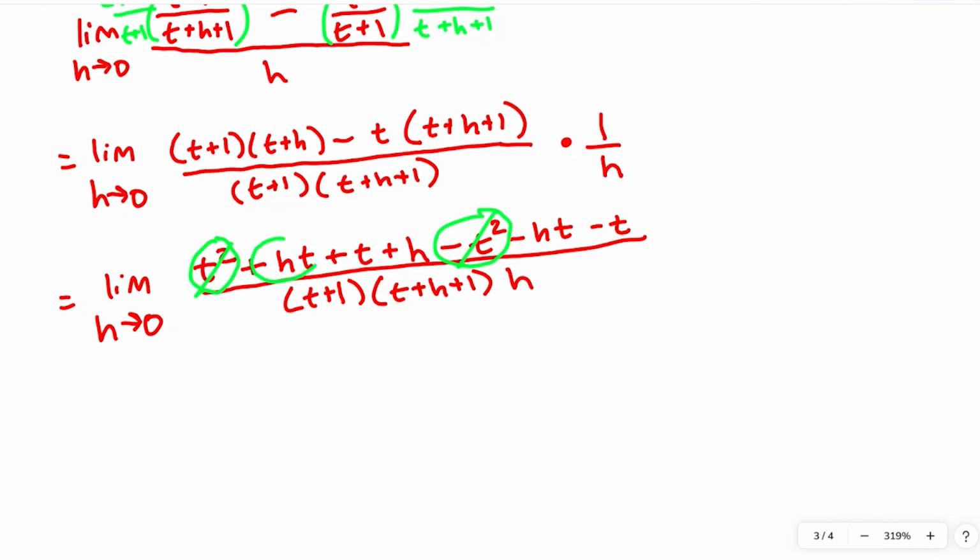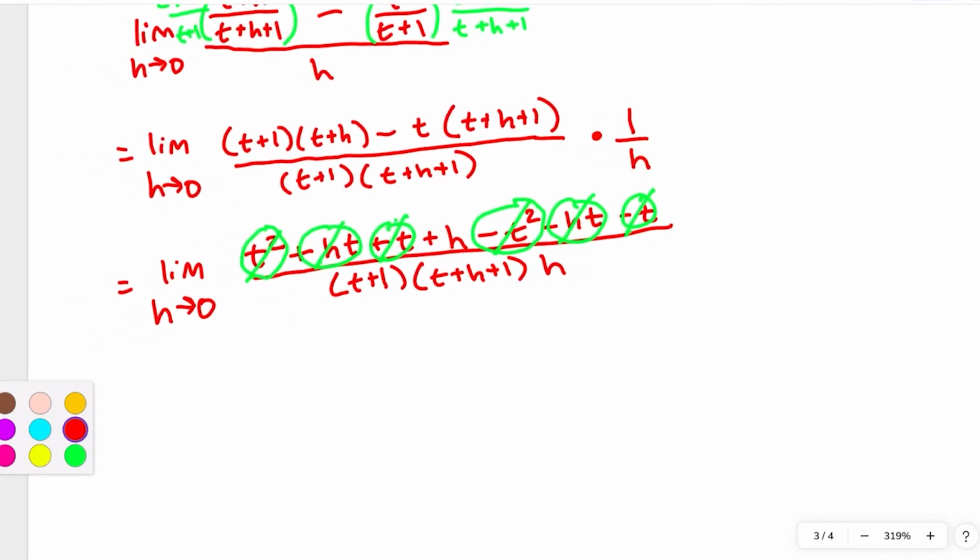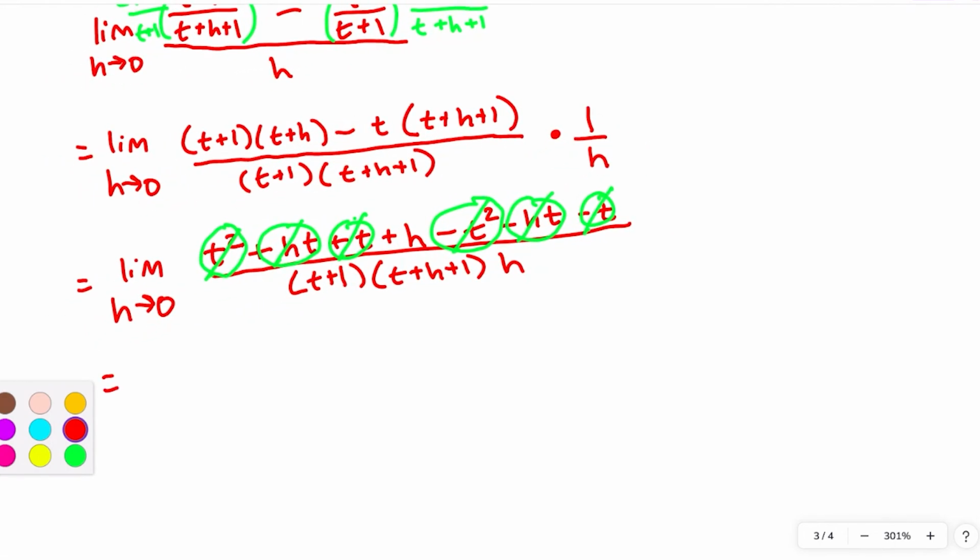We've got ht minus ht, which go away, and t minus t, which is 0. So we have the limit as h approaches 0 of h over t plus 1 times t plus h plus 1, times 1 over h.